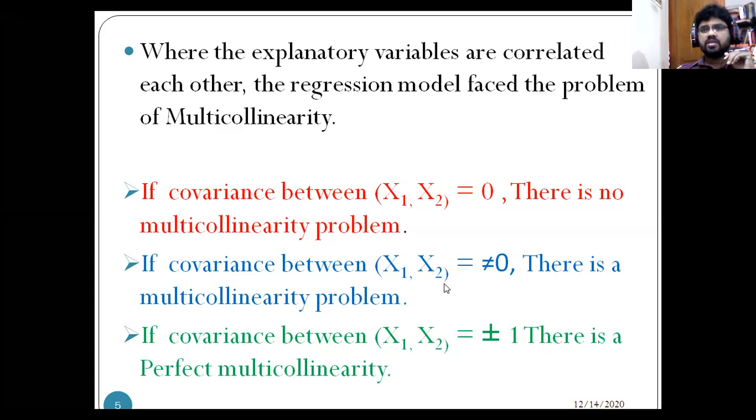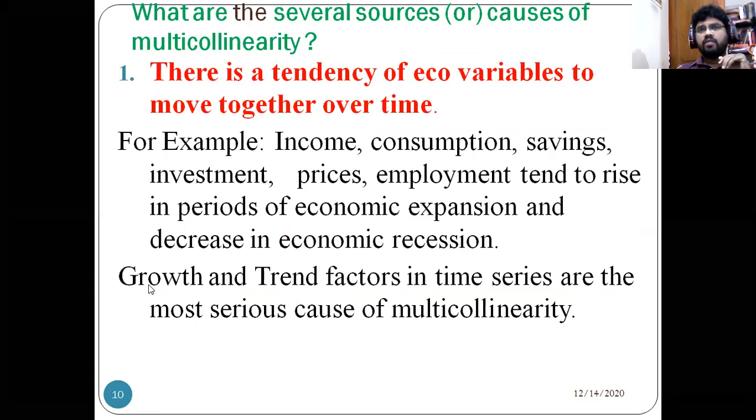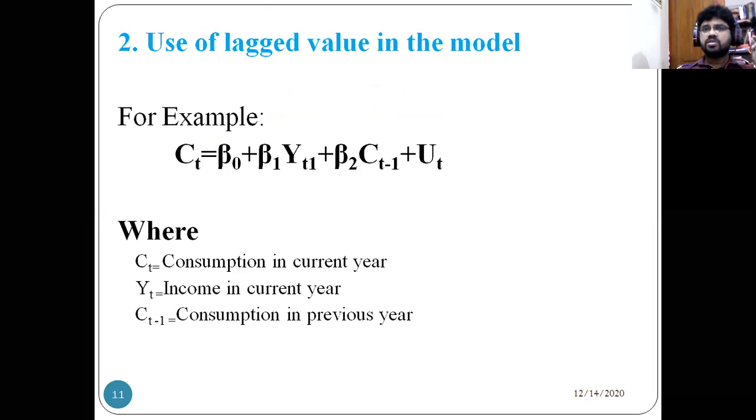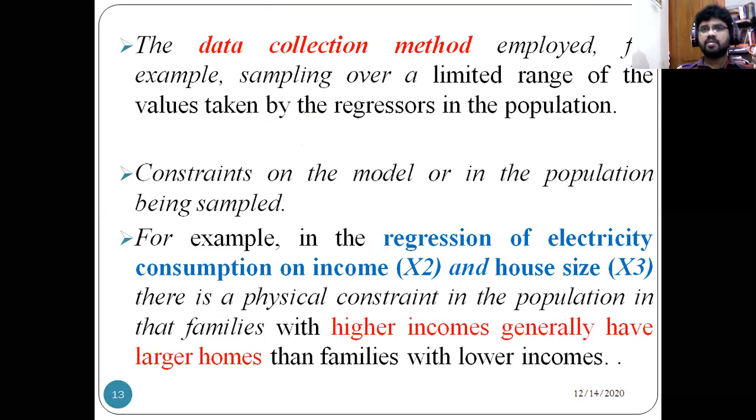And we discussed the causes. There is a tendency in economic variables: most economic variables move together over a period of time. When you use lagged values in your model, you may get a multicollinearity problem. If there is any specification bias in your model, you will get a multicollinearity problem.